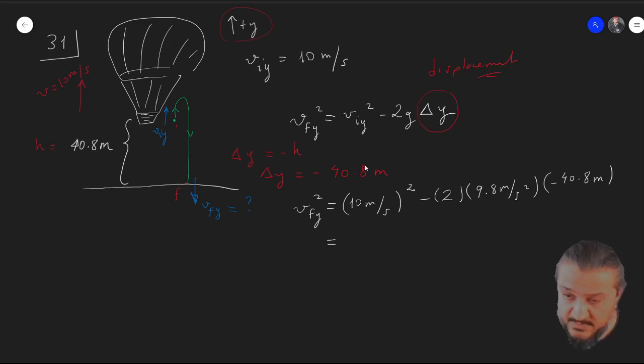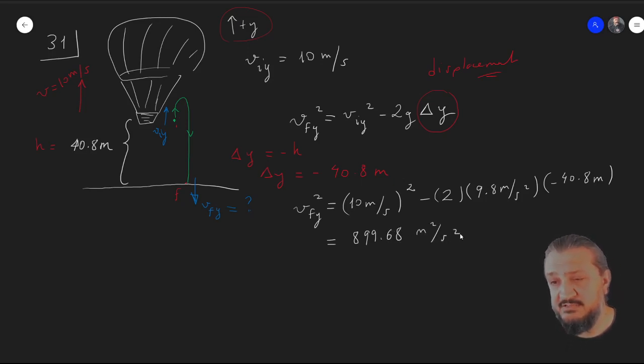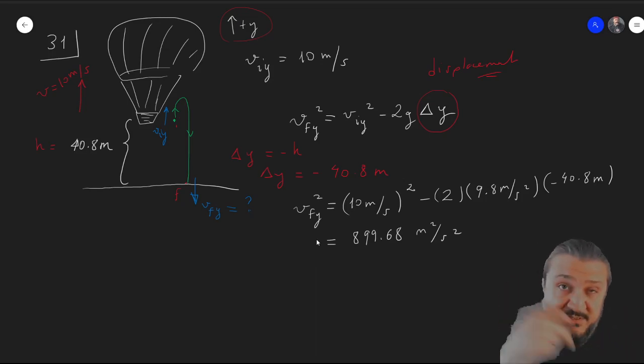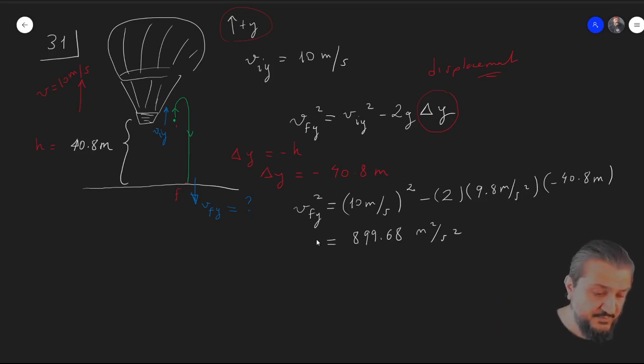Okay, so 899 meters squared per second squared. I'm going to write everything here, which probably I don't need that many, but it's okay. Am I done? No, I'm going to take the square root of that, obviously. But when you take the square root, you will have two roots, one positive and one negative. Take the square root of this.